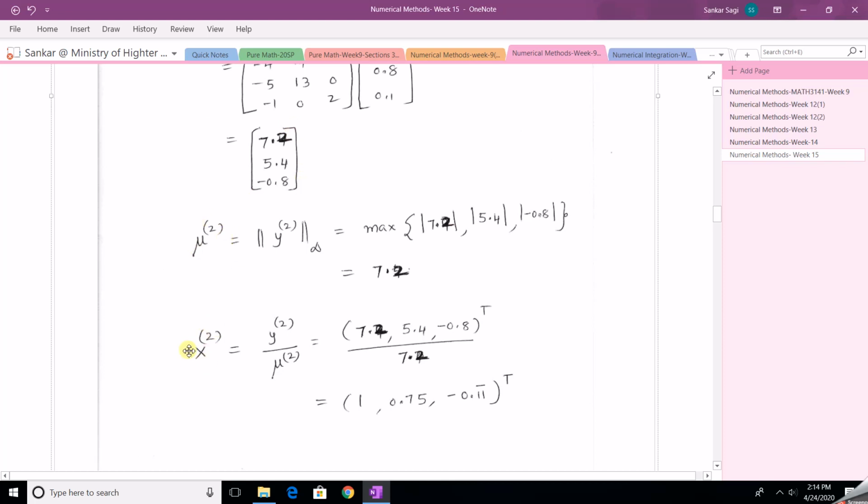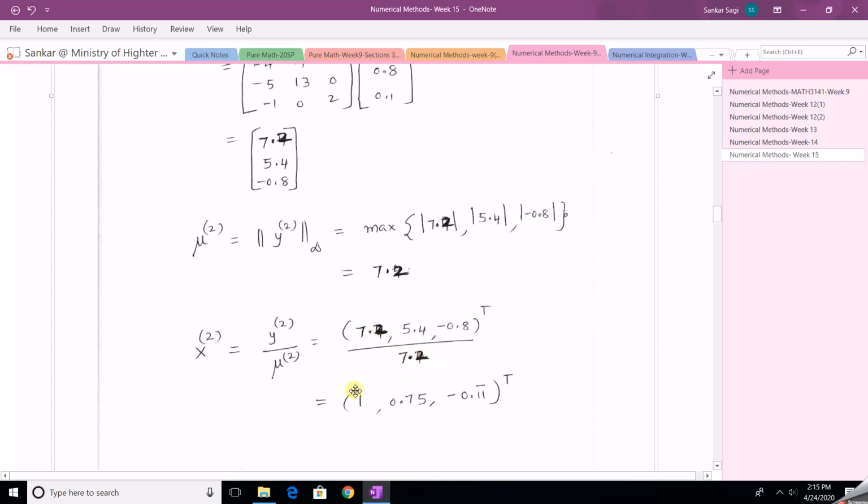So x2, the eigenvector in the second iteration, will be y2 divided by mu2, and y2 is this vector 7.2, 5.4, minus 0.8 as a transpose. I am writing this column vector as a transpose, divided by this eigenvalue 7.2.